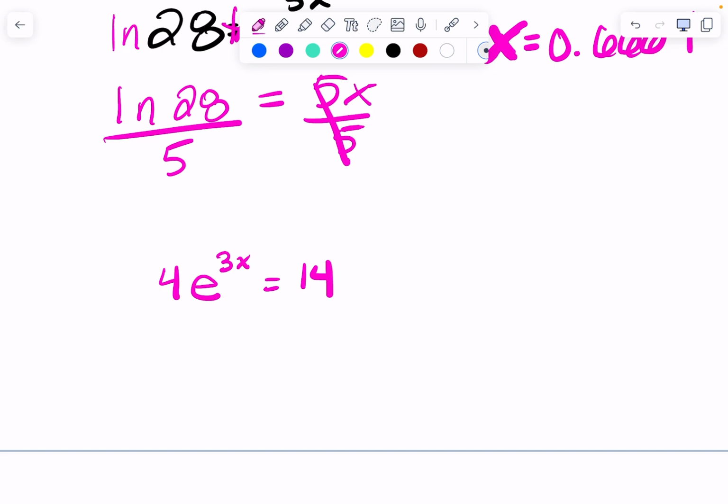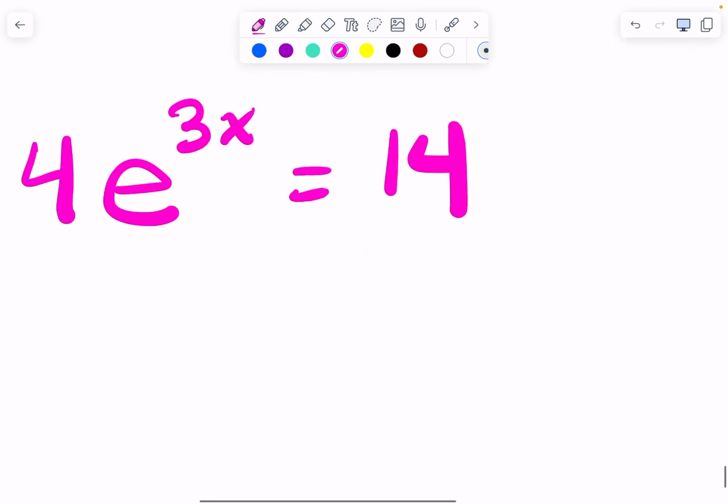Do algebra first. Go. That's 14 divided by 4, 3.5.